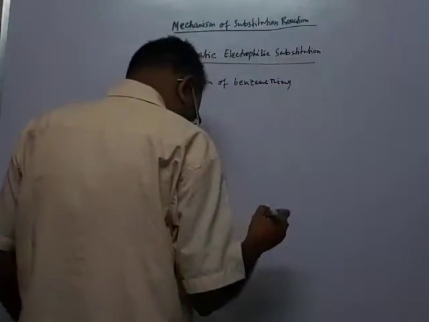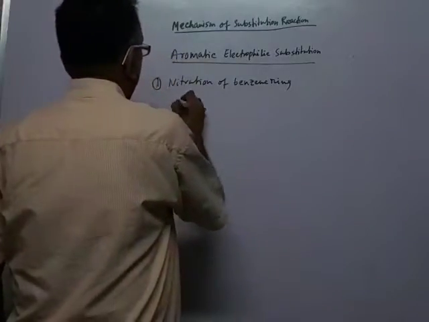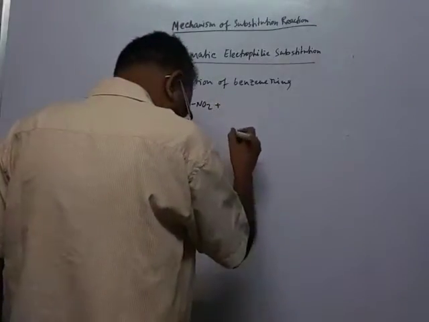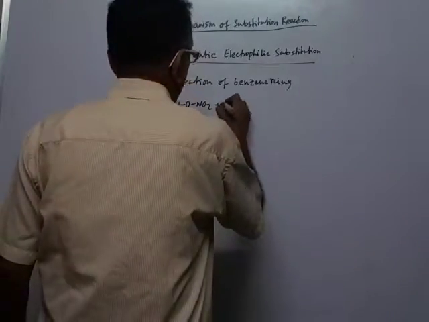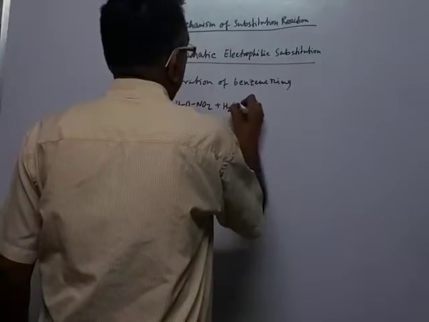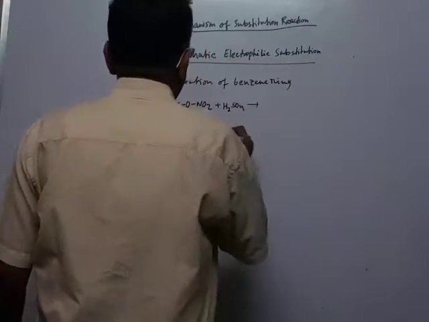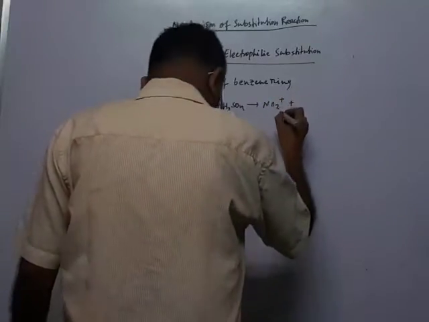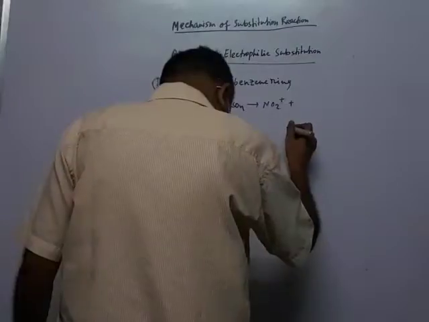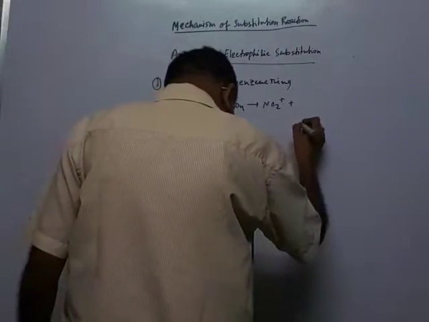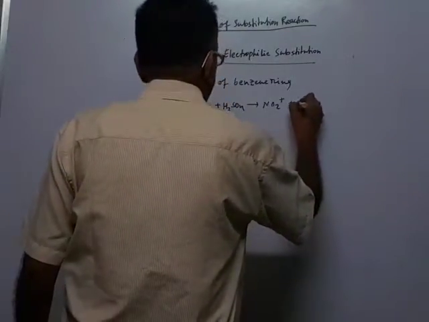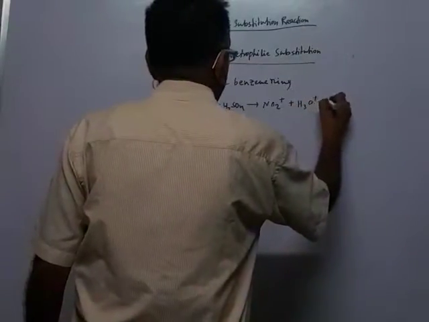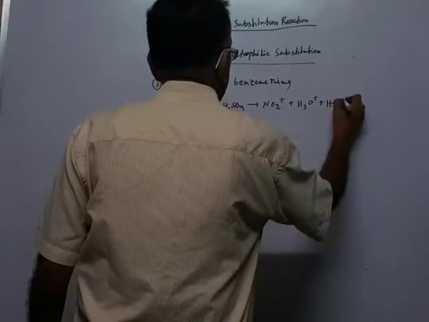In this case HONO2 is reacting with H2SO4, and it is giving us NO2 plus, H3O plus and HSO4 minus.